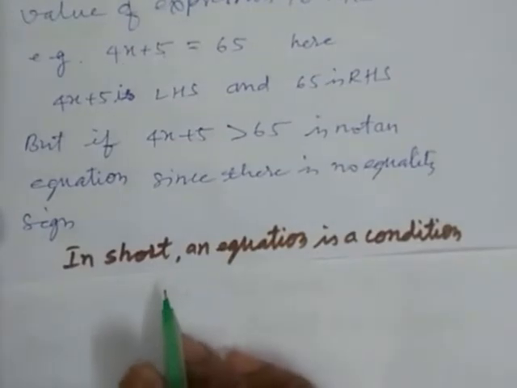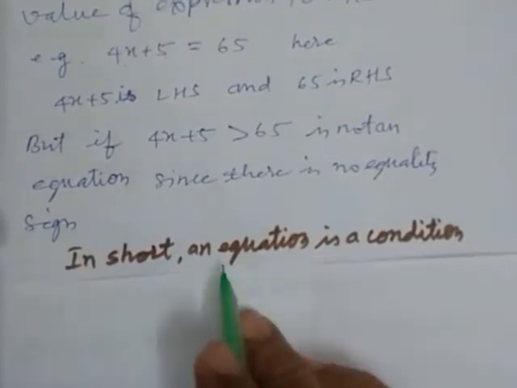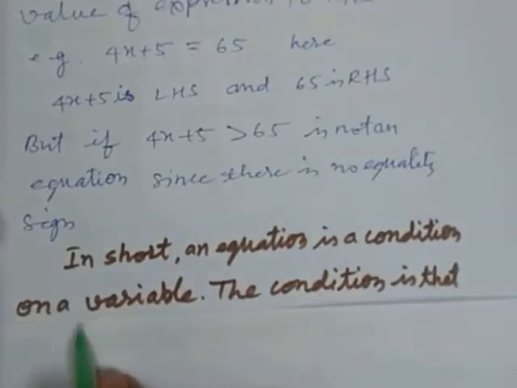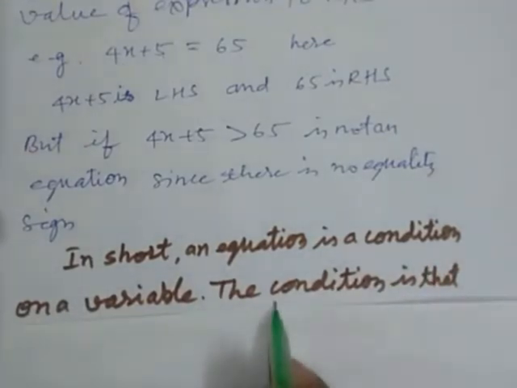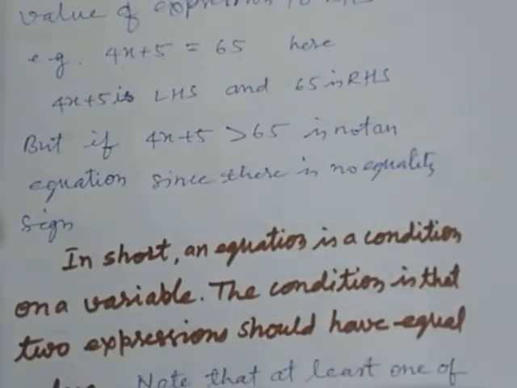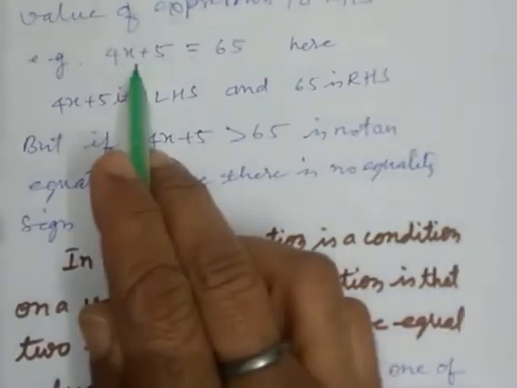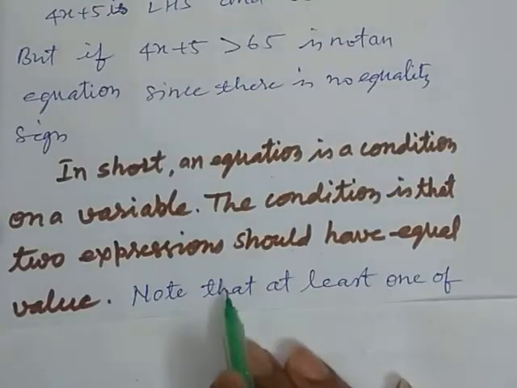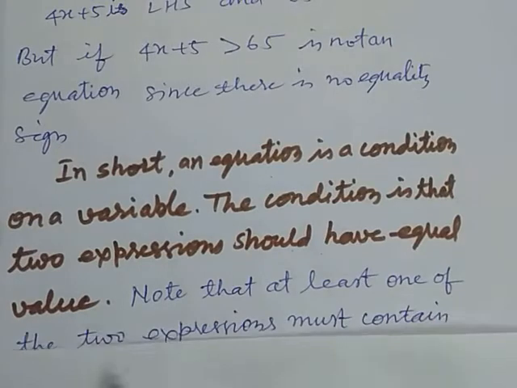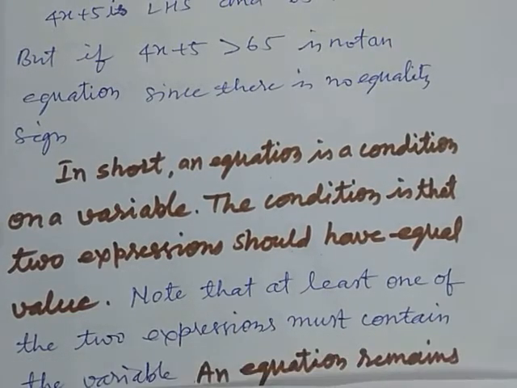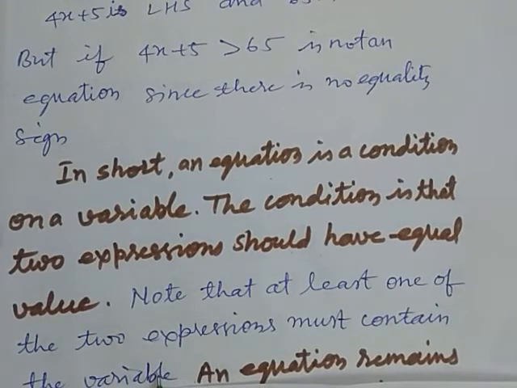So what is the conclusion? In short, an equation is a condition on a variable. The condition is that two expressions should have equal value. Note that at least one of the two expressions must contain the variable. This is also a necessary condition.